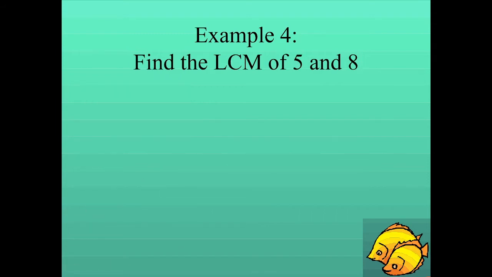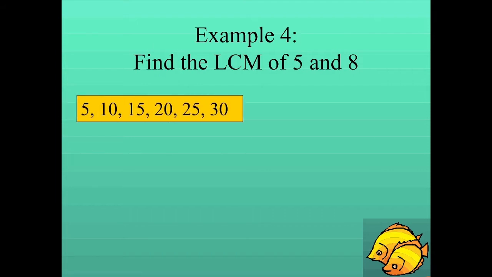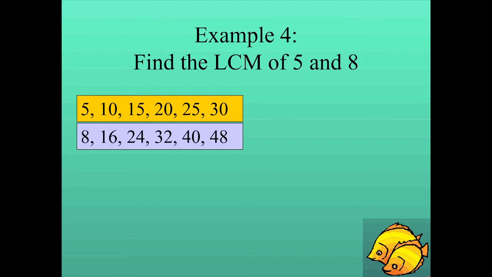Okay? Let's have another one. What about 5 and 8? Let's list multiples of 5: 5, 10, 15, 20, and so on. Multiples of 8: 8, 16, 24, 32, 40, and 48.